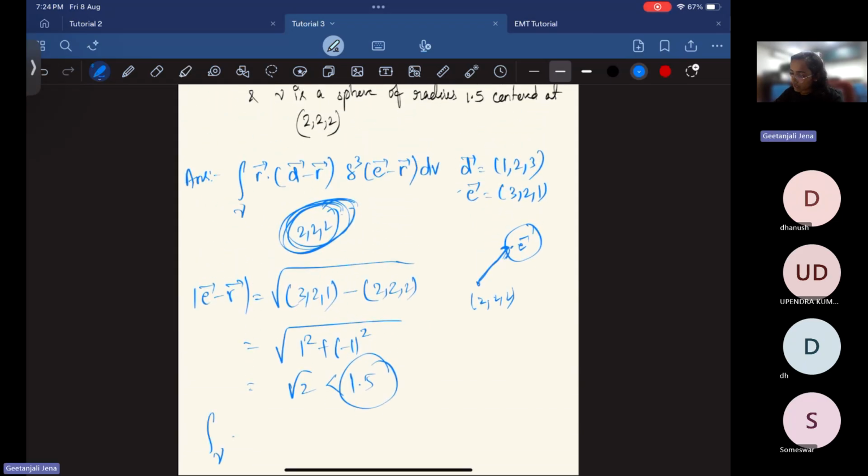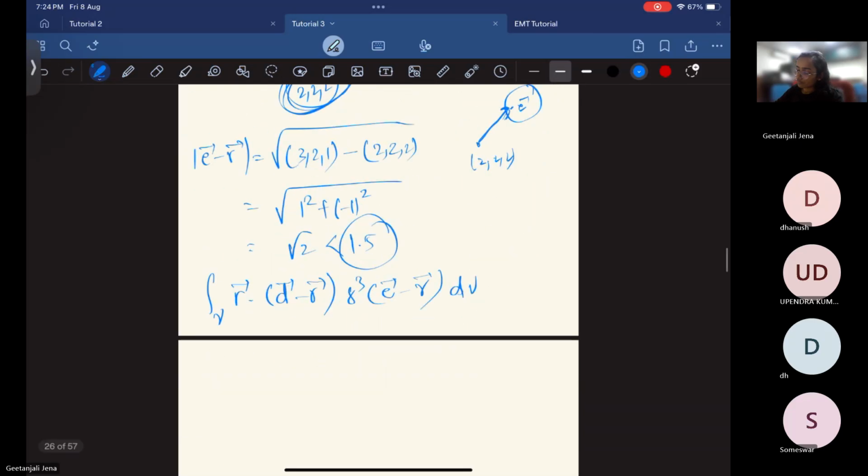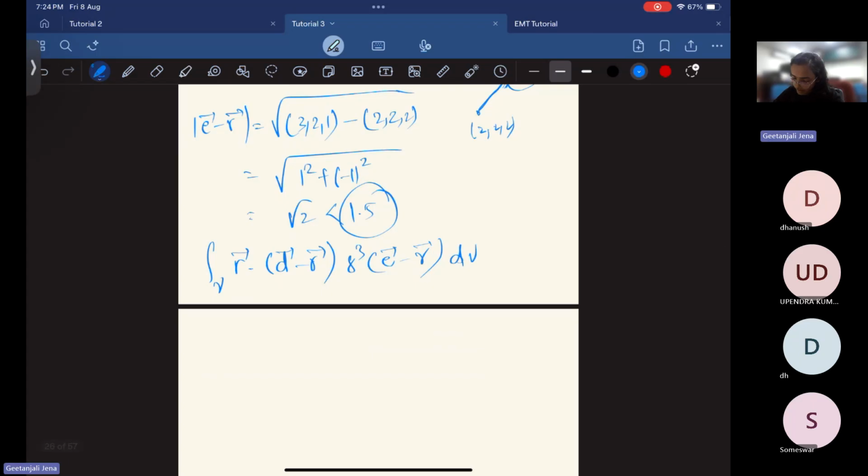So you have B, R cap, D minus half del Q, D minus half D. So this will give E dot D minus C. E is given, this is 3,2,1.